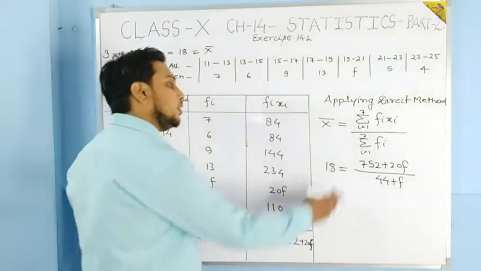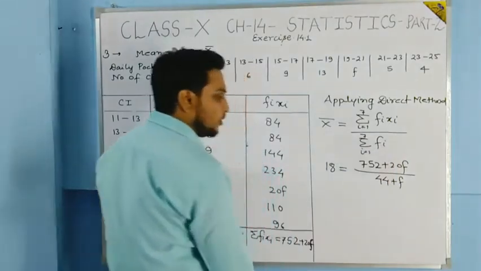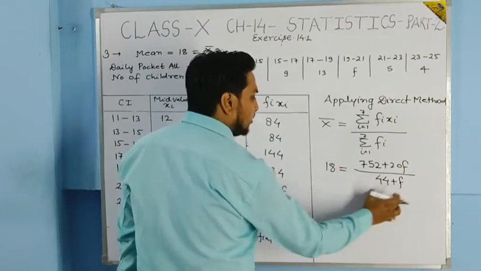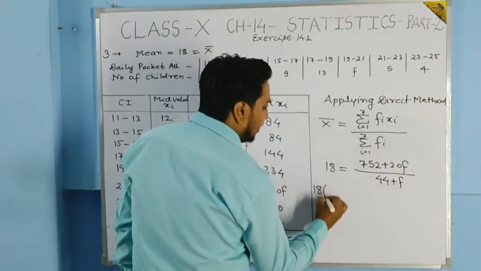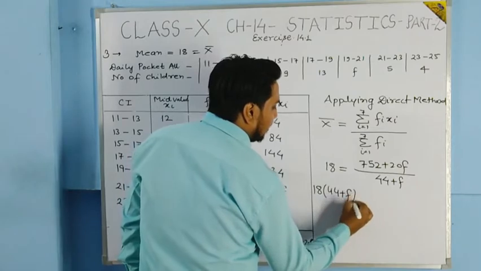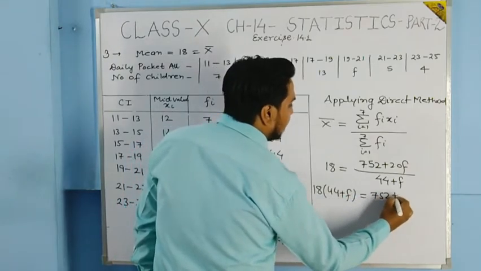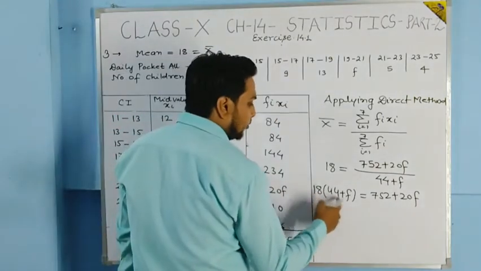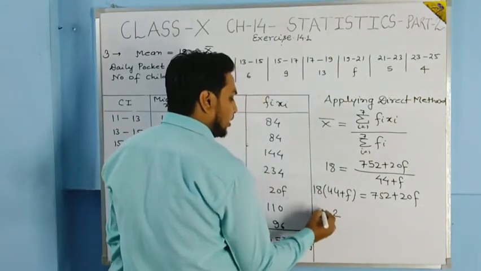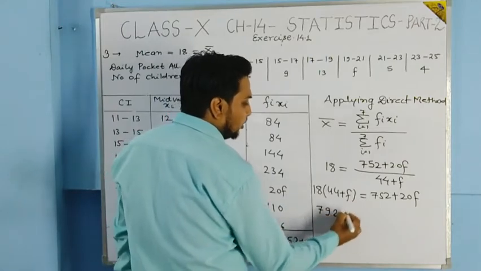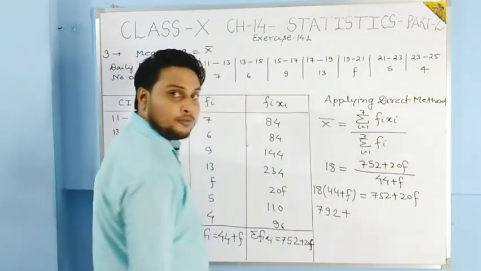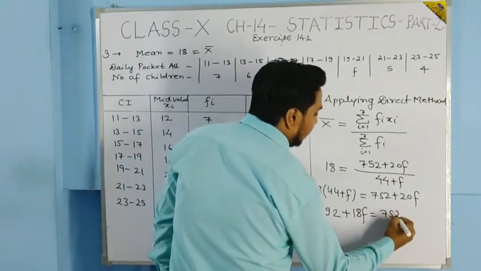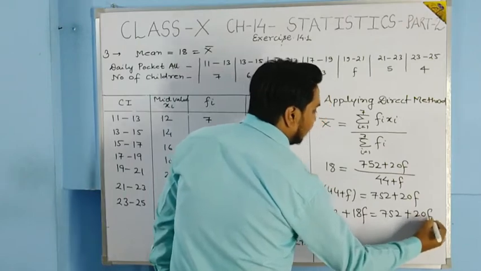Now students, we will solve this equation and find the value of F. Firstly, this will be shifted here, so it will be 18 into 44 plus F is equal to 752 plus 20F. Now just multiply it. 18 fours are 72, 18 fours are 72 and 7, 792 plus 18 into F. So here it will be 18F is equal to 752 plus 20F.